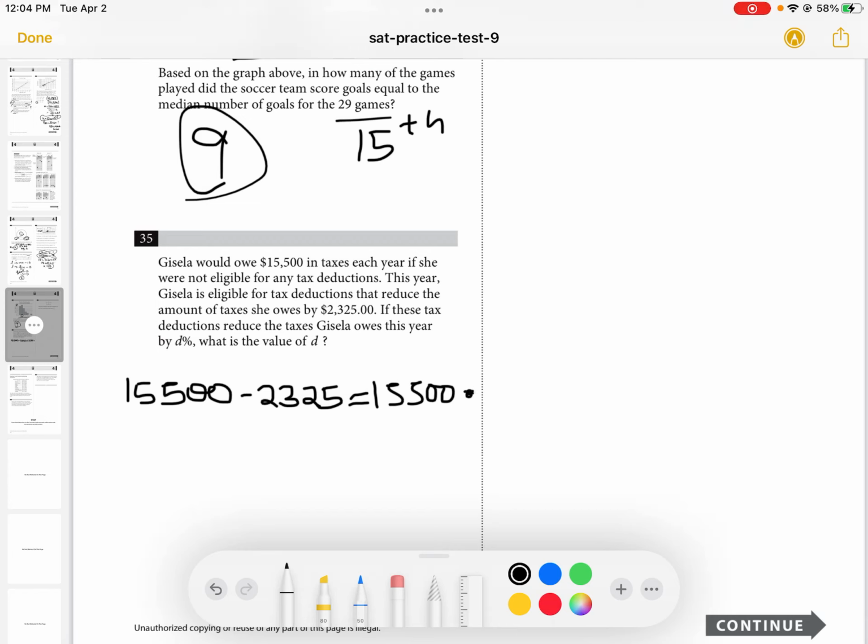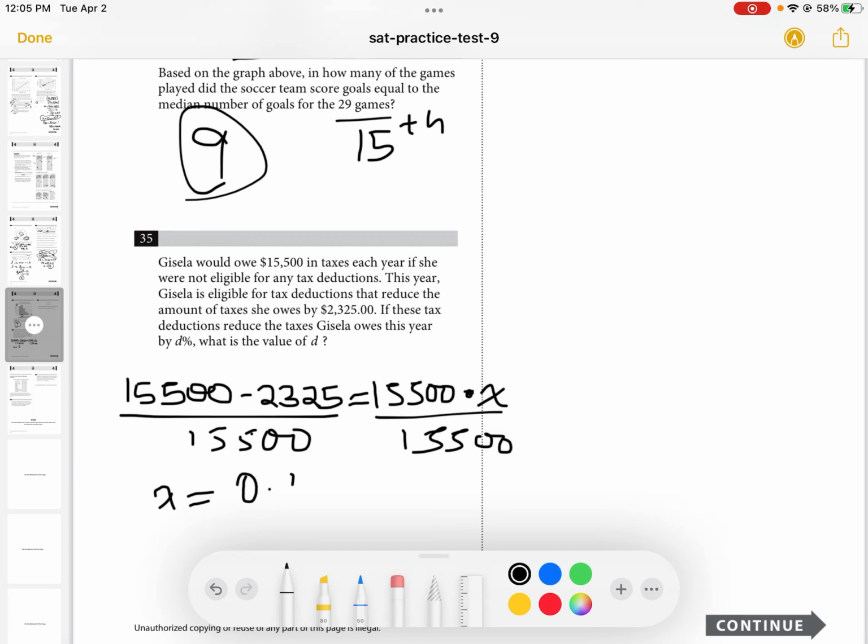When we divide both sides by 15,500, we get X is equal to 15,500 minus 2,325 divided by 15,500. X is equal to 0.85 or 85%.